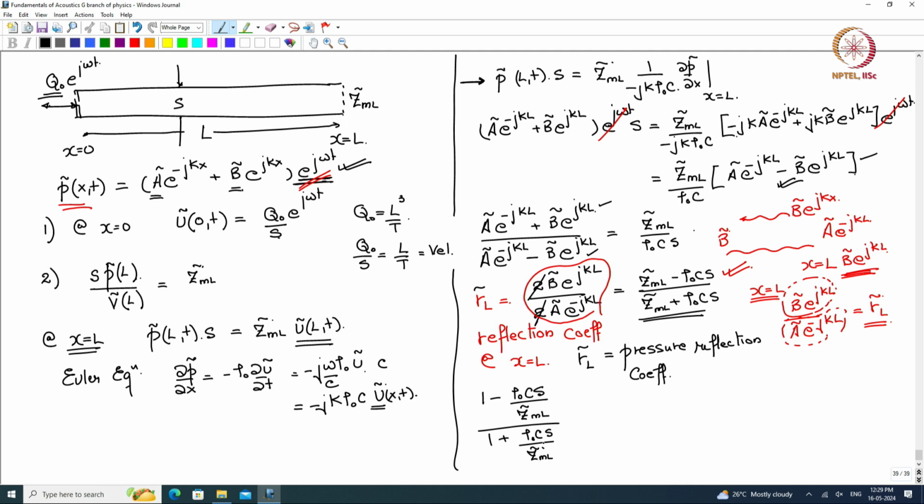Now here if I take z ml tilde to be infinity, then I get RL tilde equal to 1.